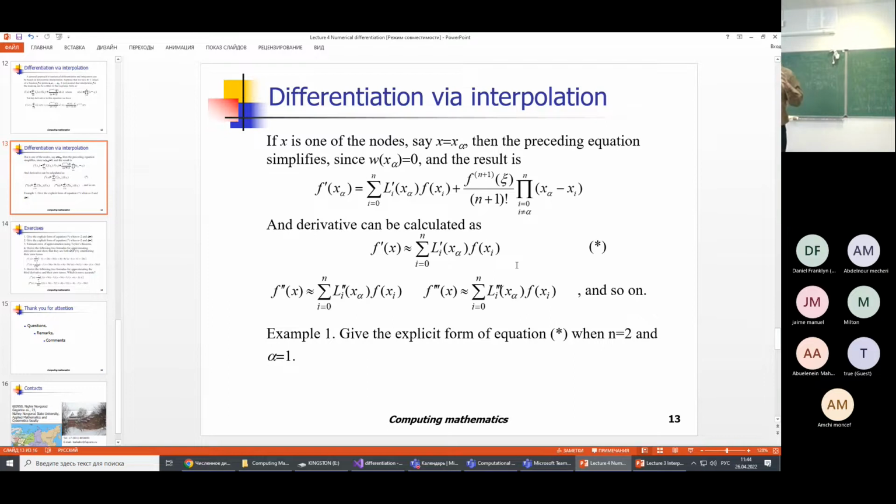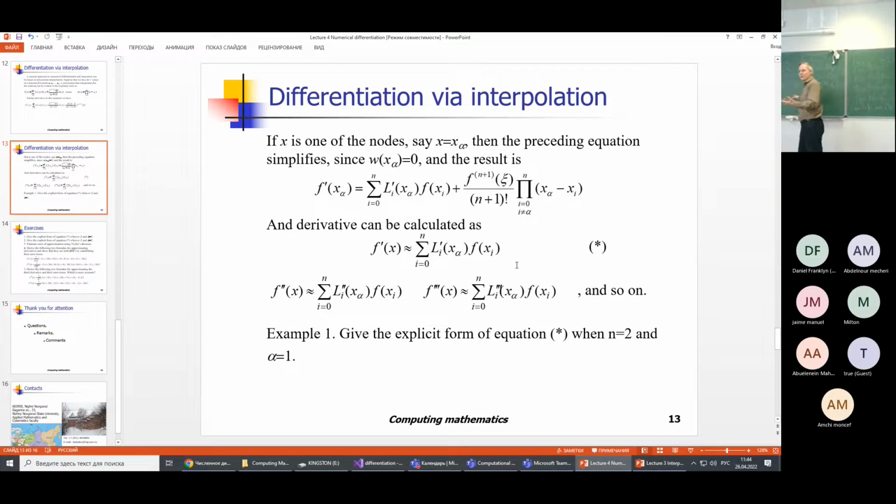We already discussed it. What is the second derivative? The second derivative is the first derivative of a first derivative. We can find a first derivative, and after that take a derivative of this first derivative, and we get the second derivative.